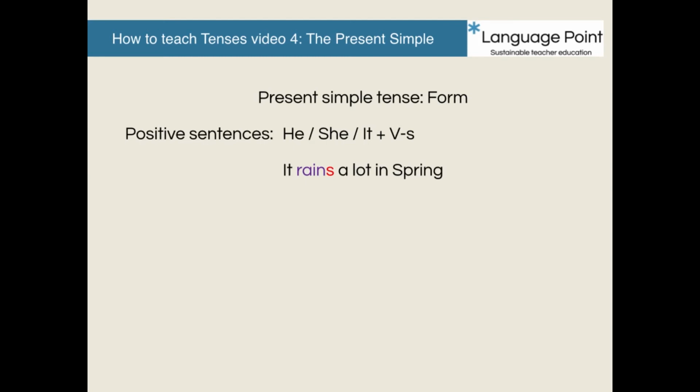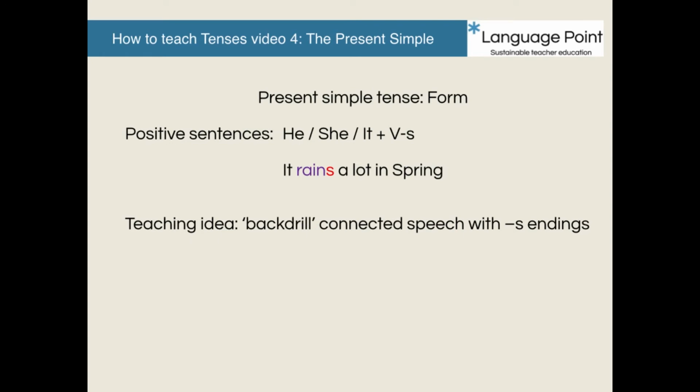So to teach this at an early level of study, we can use pronunciation drills to help students to process this S on the end of the verb and to help integrate that into their sentences. I would suggest using a back drilling approach, which deals with connected speech. It uses the S ending as a kind of springboard into the next sound.